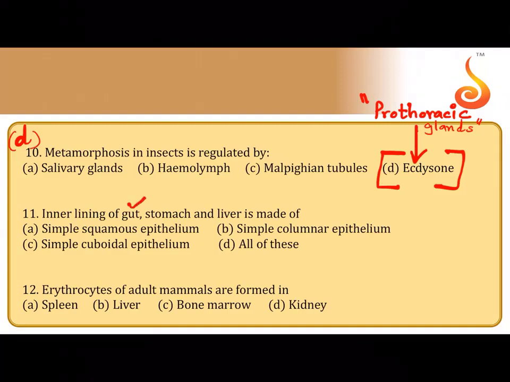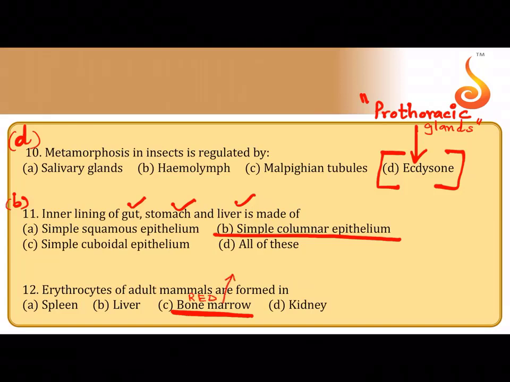The inner lining of your gut, which is your stomach, intestine and your liver, is lined with what? Obviously simple columnar epithelium, and especially if you remember in the intestine it has microvilli. So second option. Erythrocytes of adult mammals are formed where? In the bone marrow, isn't it? So you have the red bone marrow.